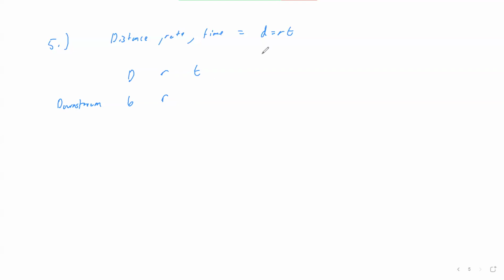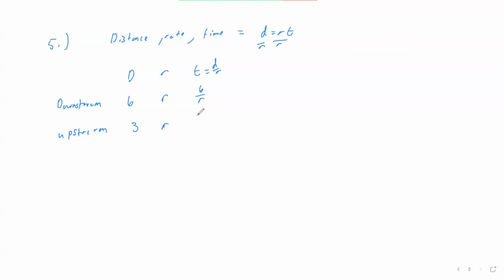And time, if I divide by R, would be D over R. So this becomes D over R, so this would be 6 over R. And upstream, he only travels 3 miles. And again, we don't know this rate.